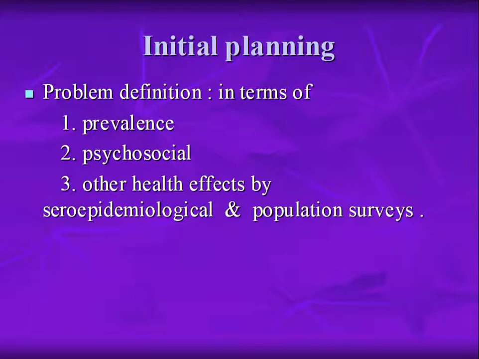That is secnidazole or tinidazole and metoclopramide to prevent gastric irritation or vomiting, and then local application of clotrimazole pessaries. And for cervicitis, you can give cefixime 400 milligrams and azithromycin 1 gram, and then avoid douching.